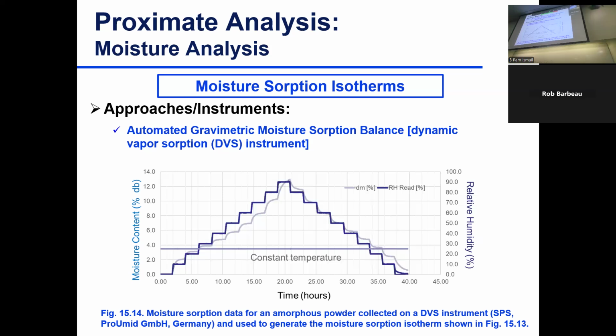And then you plot the relation between water activity and the moisture. And you use mathematical equations. Usually we use GAB to calculate the monolayer and determine the moisture content at which your sample is most stable and predict shelf life.